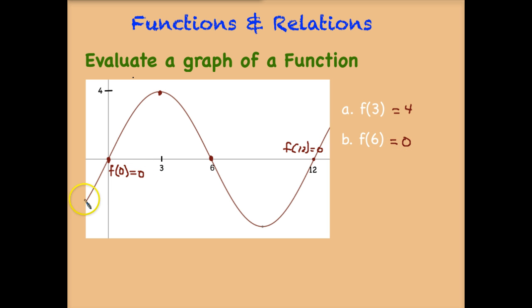So assuming that this function will end where this picture is on either side, we could also say that f of 6 is equal to f of 0, which is equal to f of 12. And we'll be exploring more with domain when we have repeating patterns and functions like this sinusoidal function here.